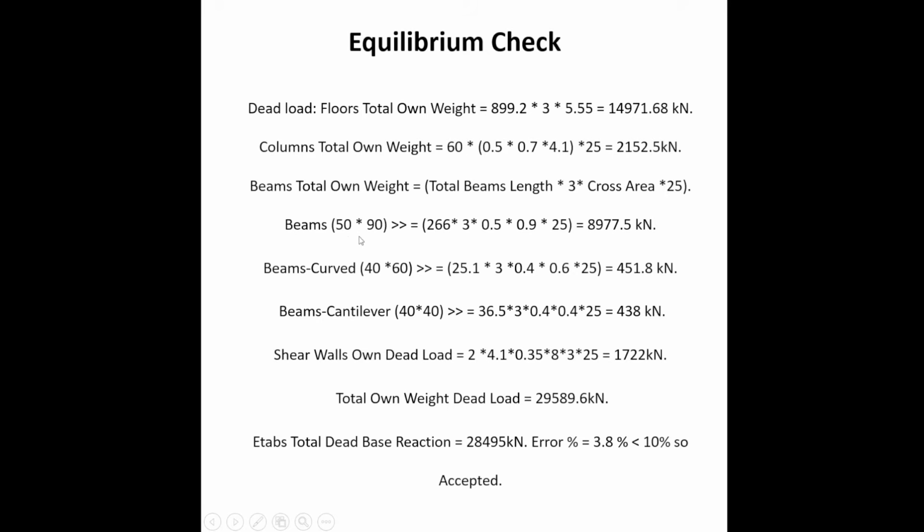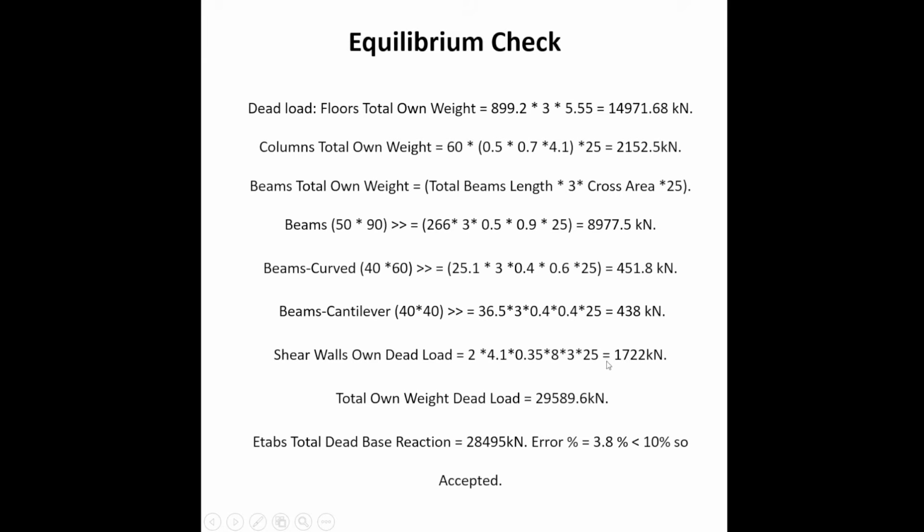Each group, we have 3 groups, 50 by 90, 40 by 60, and 40 by 40 centimeters. So this evaluates these values. And the walls also, you can find it by, we have the height, and we have 2 shear walls by their cross-sectional area, which is 0.35 thickness, and 8 the length of one shear wall, by 3 floors by 25, which is unit weight of reinforced concrete.